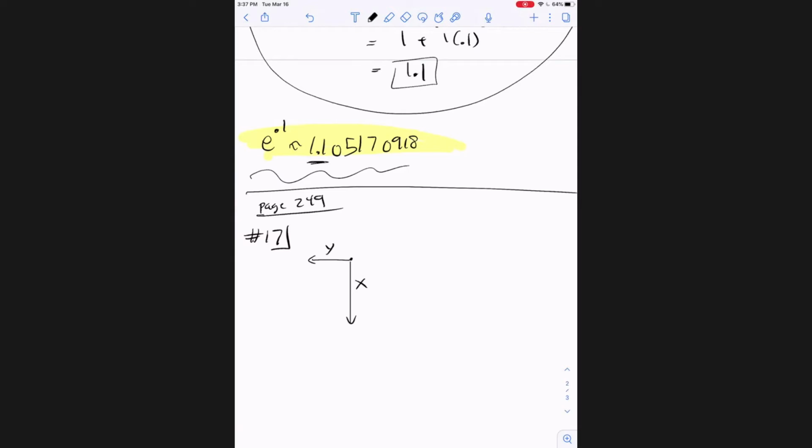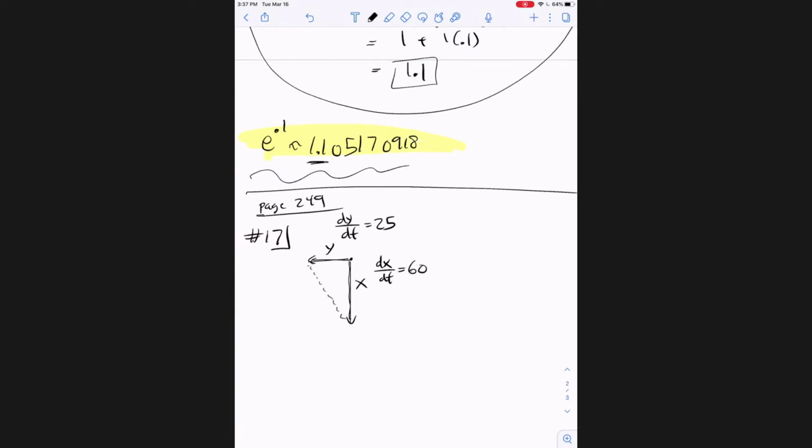So if x is going south, y is going west, that means dx over dt is going to be 60 because you're going south at 60 miles an hour. dx over dt is your rate of change. dy over dt is going to be 25. And they're both positive because they're making the line increase, right? x is increasing as time goes and y is increasing.